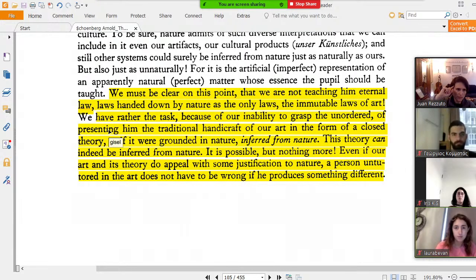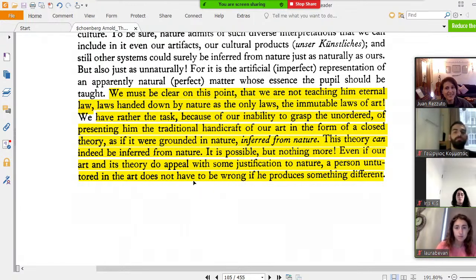He already talked about eternal laws, the law of nature. Laws handed down by nature as the only laws, the immutable laws of art. We have rather the task, because of our inability to grasp the unordered, of presenting him the traditional handicraft of our art in the form of a closed theory, as if it were grounded in nature, inferred from nature.